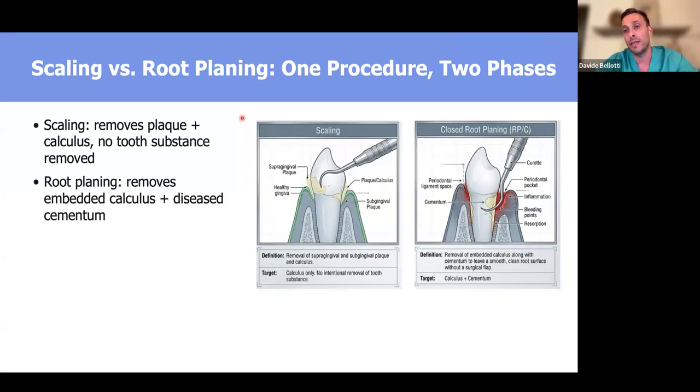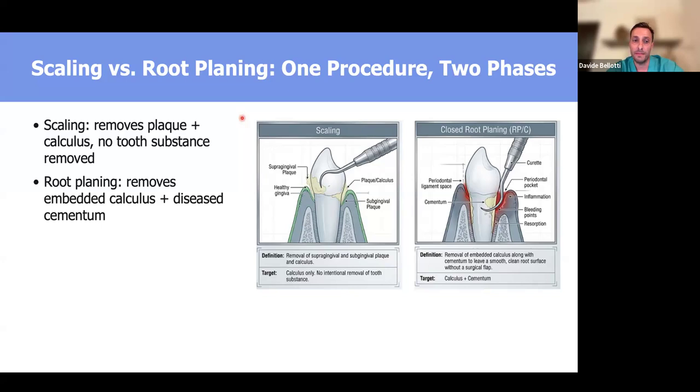The enamel is already very glassy, and we can remove the calculus and plaque in quite an easy way, and we can leave a hard tissue that's very smooth, and after polishing even more, and this helps to delay the accumulation of new plaque and tartar.